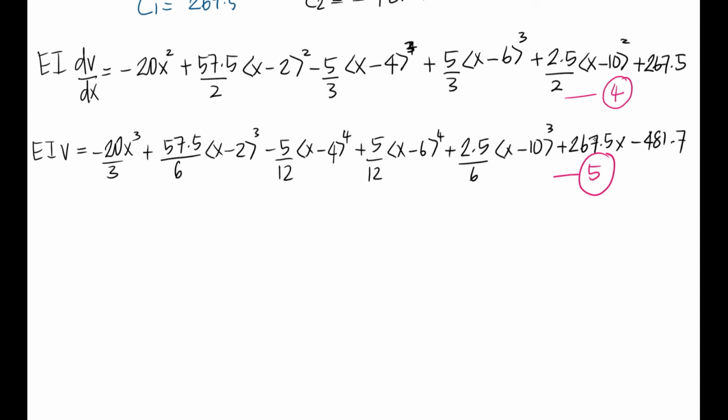The maximum deflection for this region is when dv over dx equal to 0. So we need to find slope equal to 0. We try when x equal to 6, so we substitute into equation number 4.